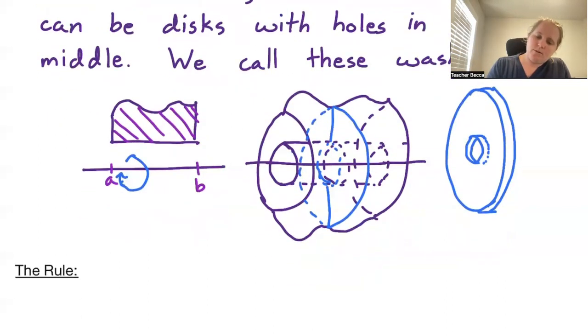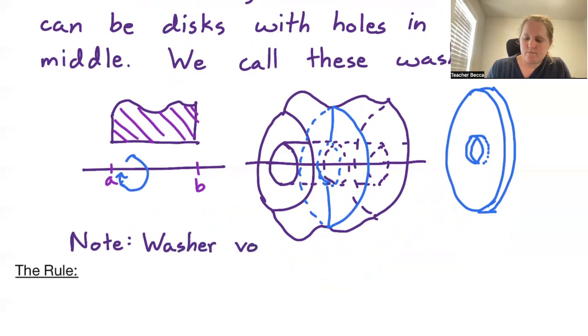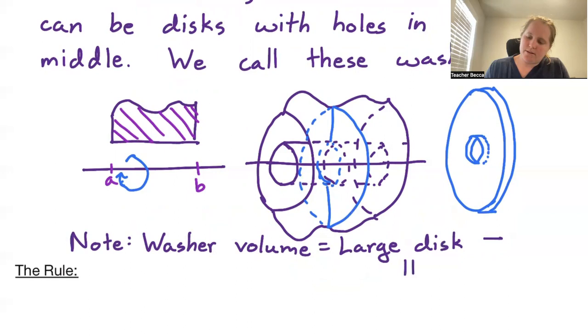So note the washer volume is just the large disk minus the hole, essentially.